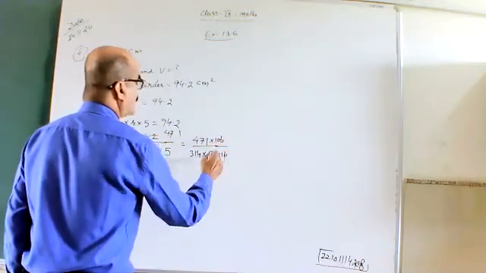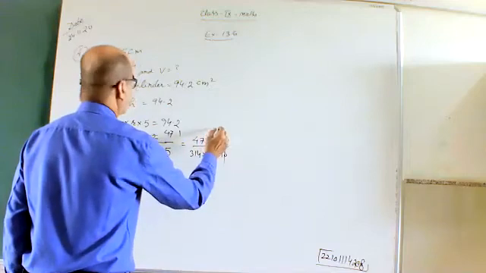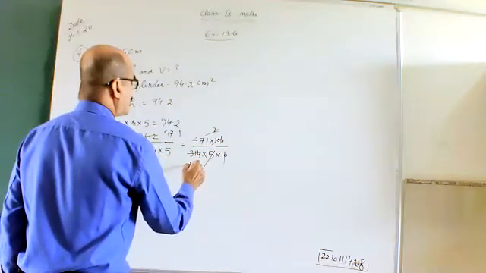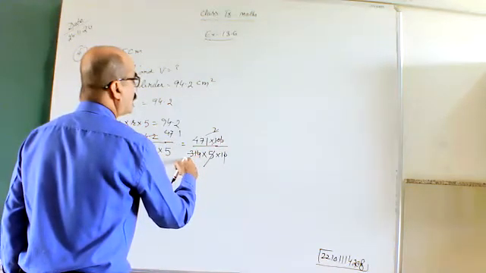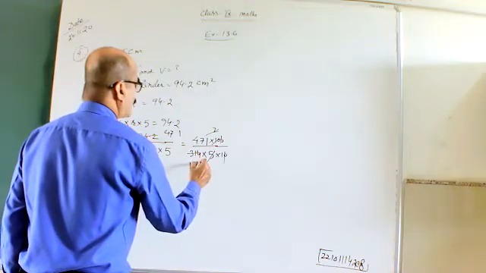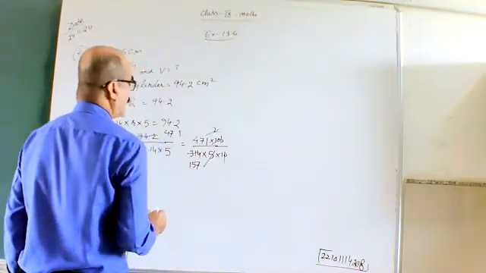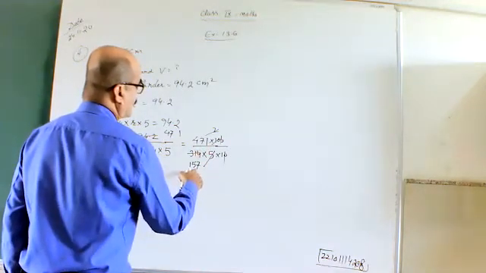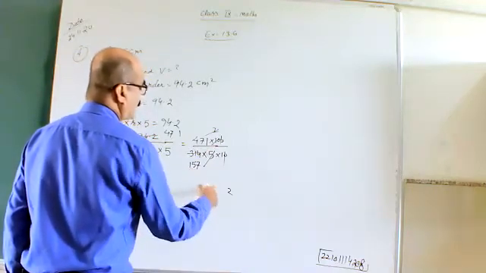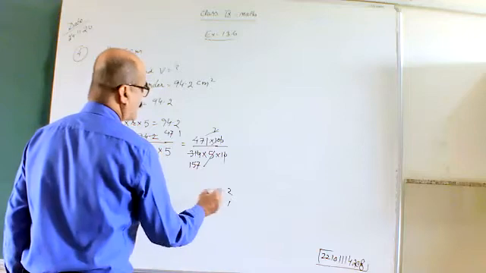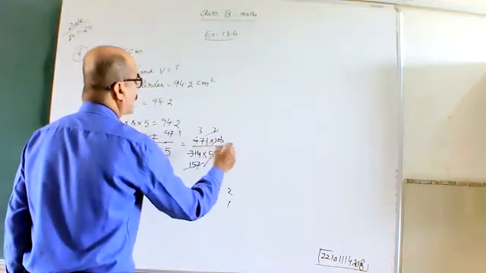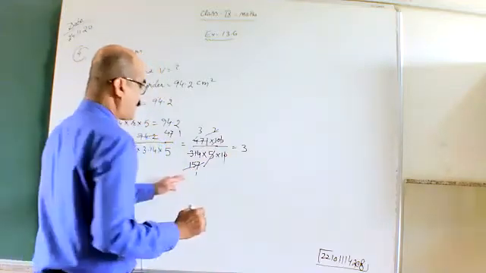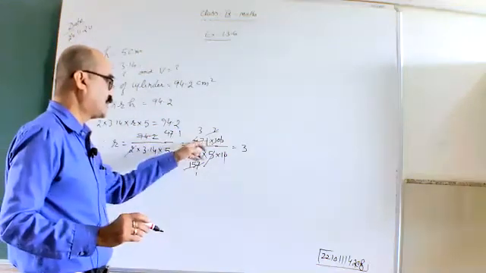So 0 cancels, 5 2s are 10, again you can cancel it by 2, so 2 1s are 2, or 2 5s are 10, 2 7s are 14, and this will be cancelled by 3. 157 3s are 471, that is 3. So R is equal to 3.